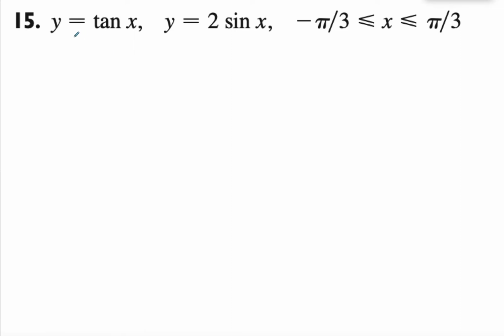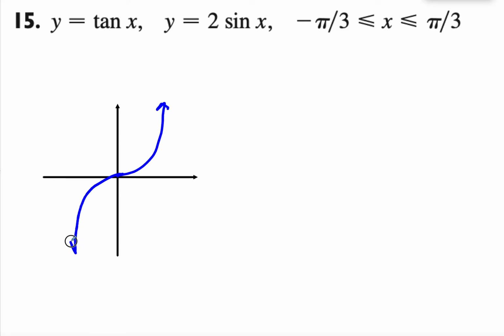Number 15. y equals tangent of x. If you are to sketch that, we are assuming this is based upon the radian mode, of course. Starting from 0, it goes up this way, with vertical asymptotes in both directions. But notice the x is going from negative pi over 3 to positive pi over 3.